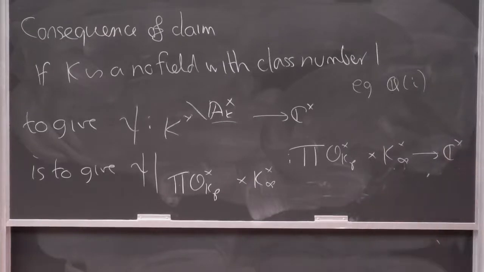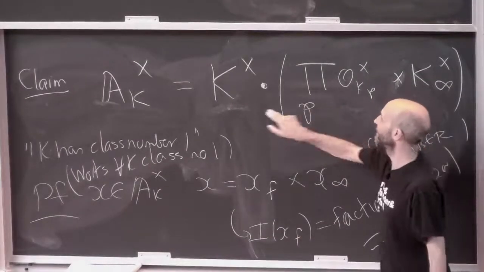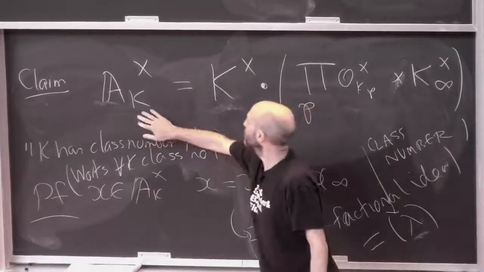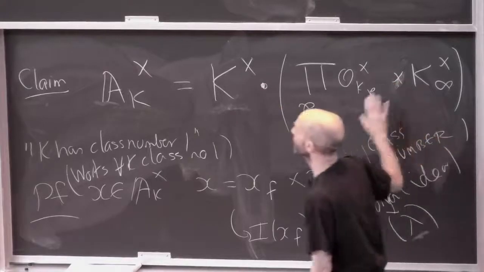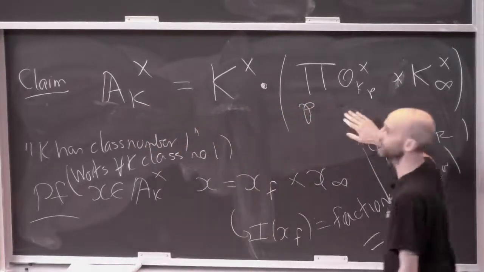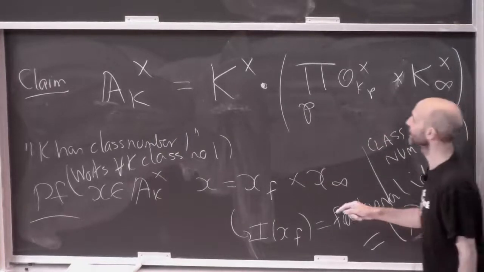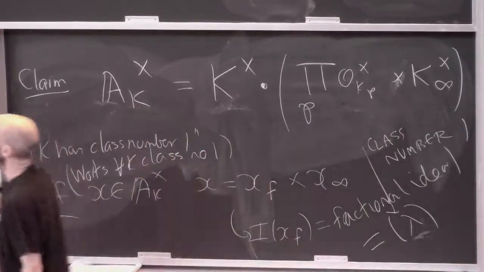Except that this isn't a direct product, right? There are things that are in this and in this. If this was beautifully a product of this group and this group, then to give a character of this group that's trivial on that group, all I'd have to do is give a character on this group. But here there's a little bit of overlap. So there's a twist in the tail here for Q of i.